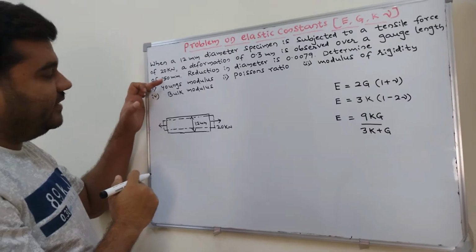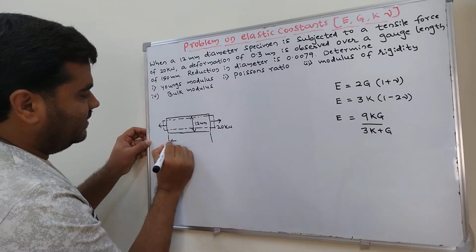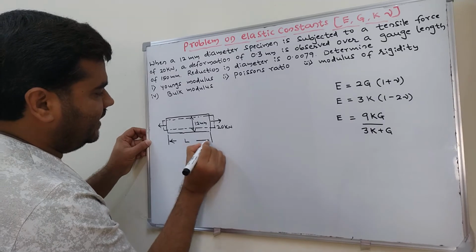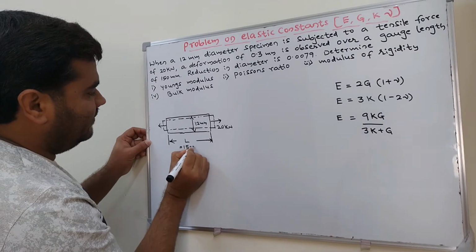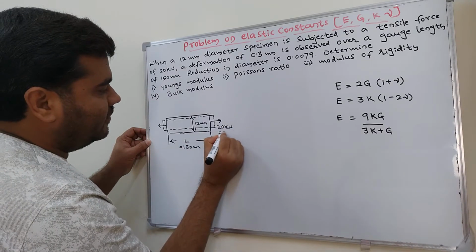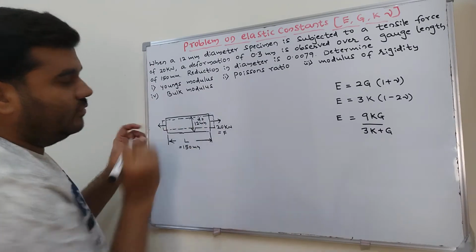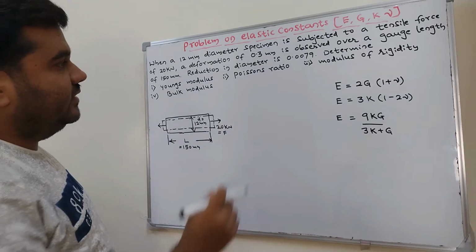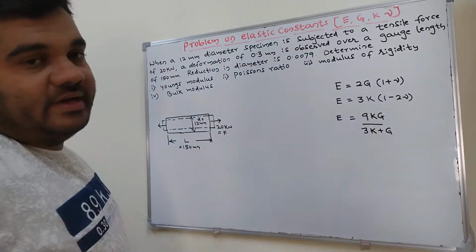The deformation means the change in length; after applying a load, it will obviously change its shape. The final length and diameter are like this. What is 150 millimeter? It is the original length, the gauge length. This is the force, and this is the original diameter. Reduction in diameter is 0.0079.